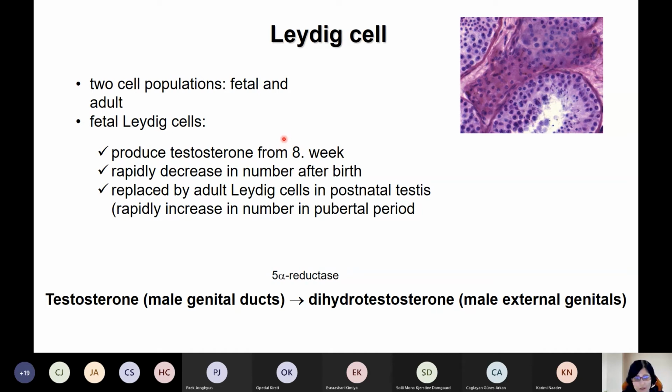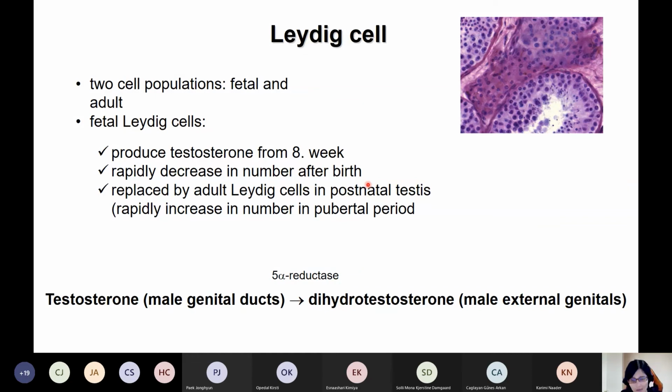These fetal Leydig cells do their function during the pregnancy and during the intrauterine development, of course, and the number of these cells will rapidly decrease shortly after birth.